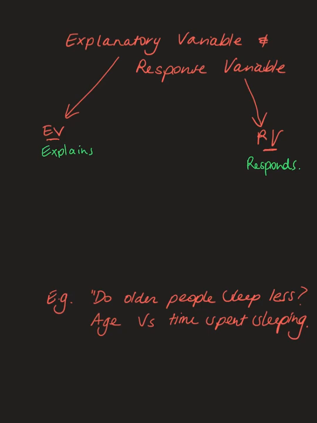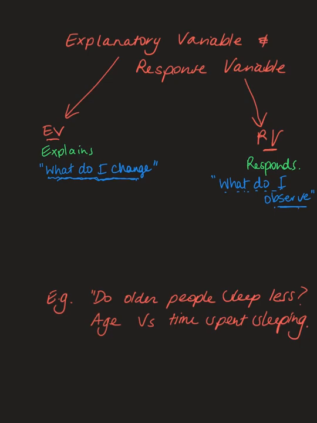Another way you could look at it is that for the explanatory variable you ask, what do I change? And for the response variable, what do I observe? So you're changing something. You might change how many hours each person studies for a test, and then you're observing the student's test result from that.